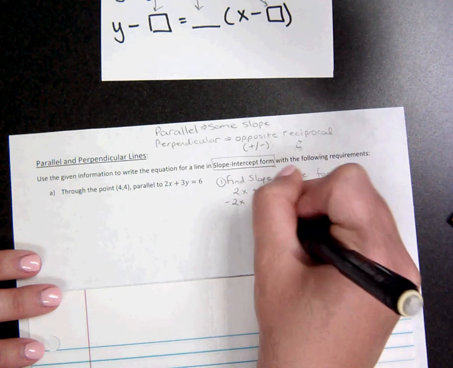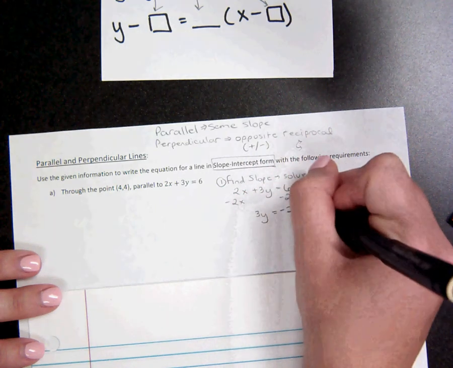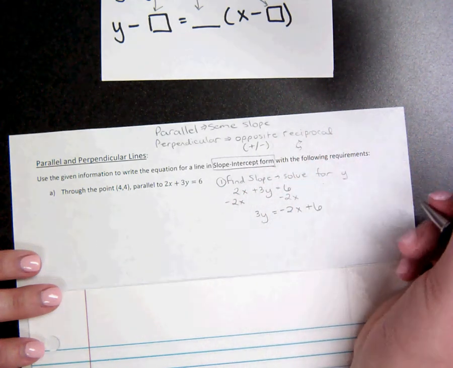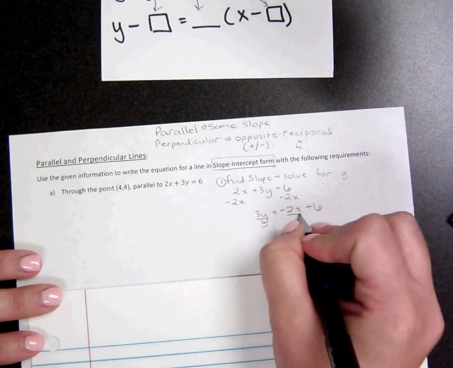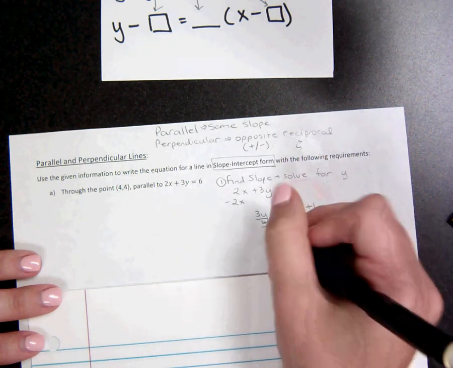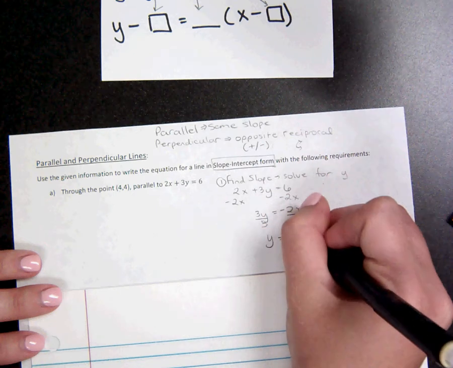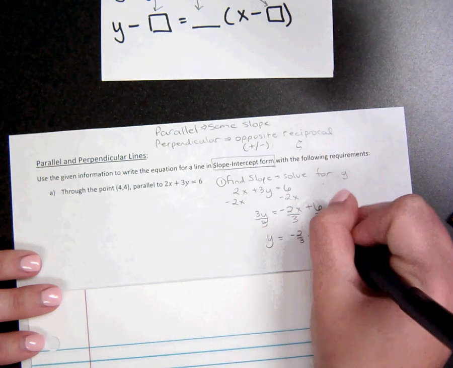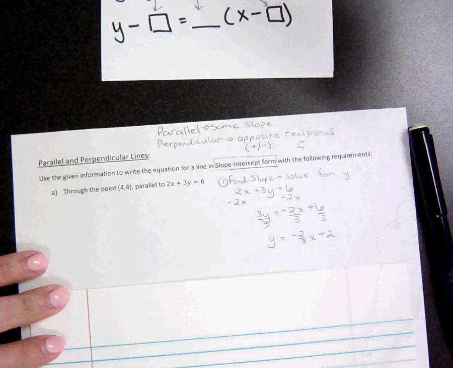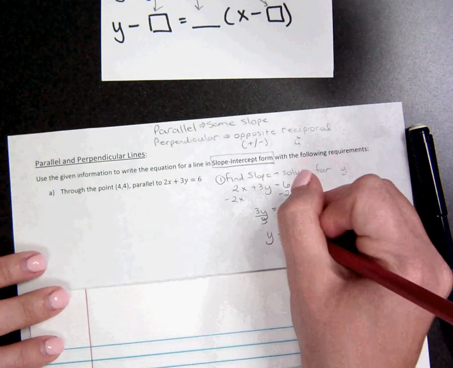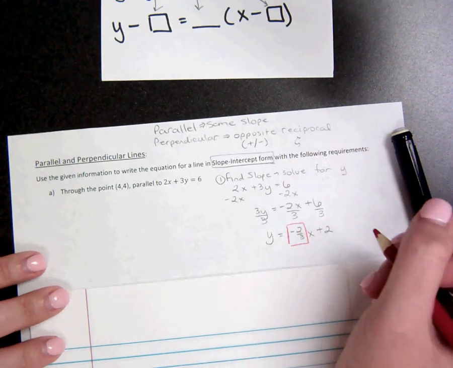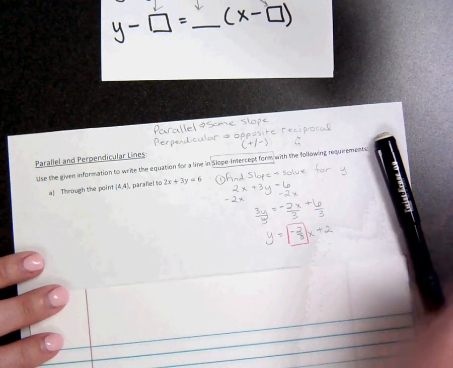That's going to give me 3y equals negative 2x plus 6. And then I can divide everybody by 3. That's going to give me y equals negative 2/3 x plus 2. I don't really care about the plus 2. I care about the negative 2/3. That's what I need for my other equation.